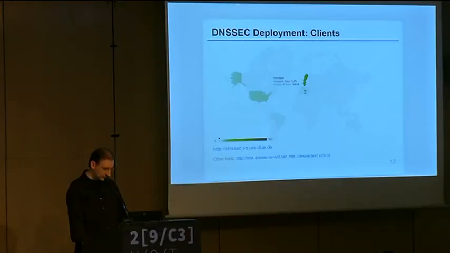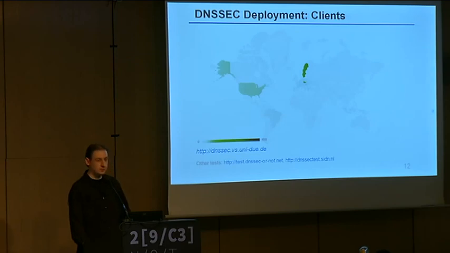And you can see here the Czech Republic is number 2. It's more than 30% of validating clients. Probably wondering about Germany, it's around 4%. And the United States is number 3. It has more than 10% validating clients. Okay, so there are not so many clients protected by validation, but it's coming. So this number will probably improve over the next month and years.